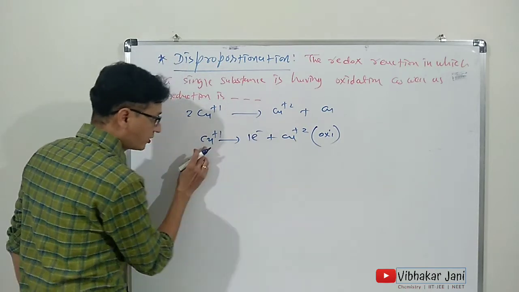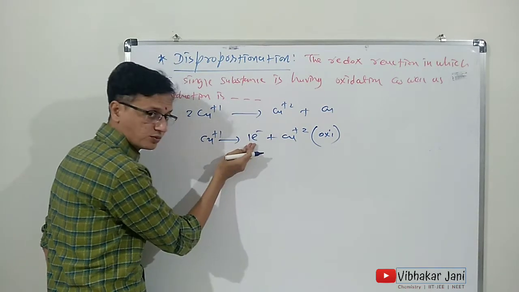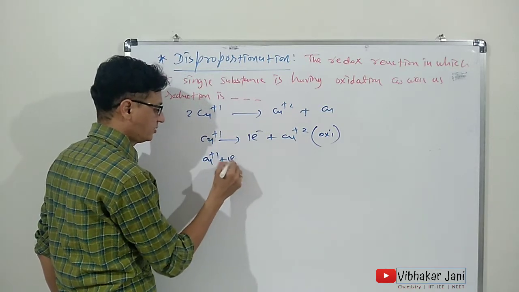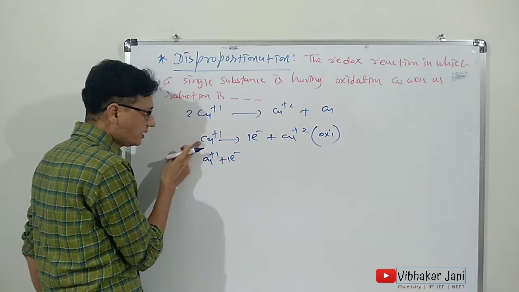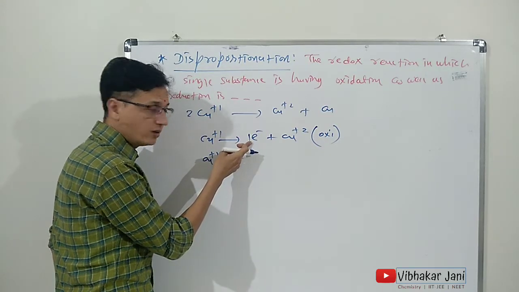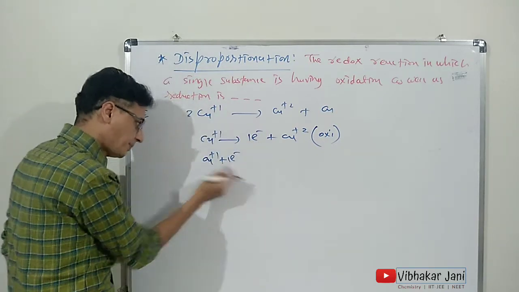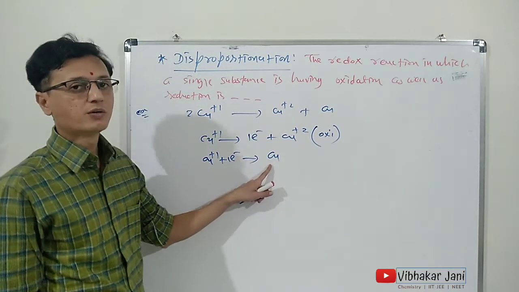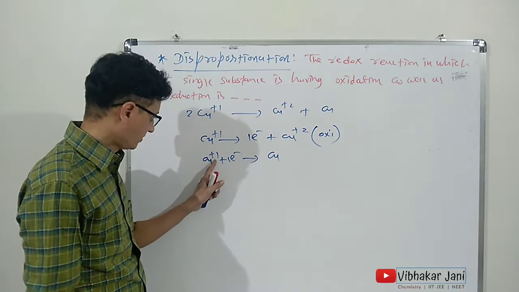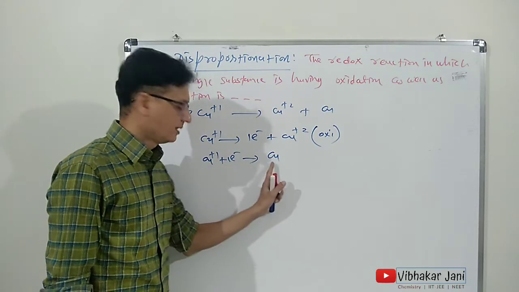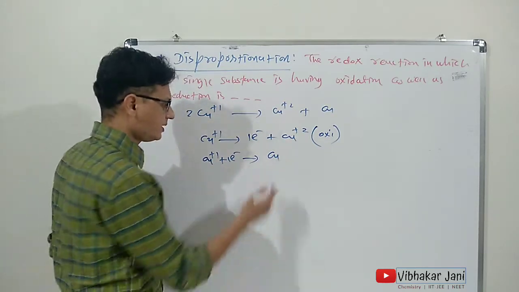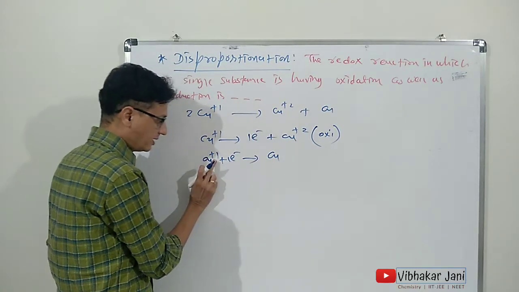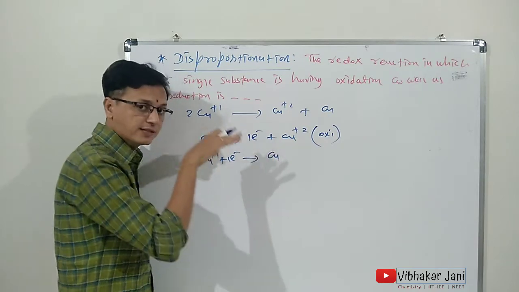But the electron which was lost by Cu+ is gained by another ion of Cu+. So one Cu+ is donating 1 electron while the other Cu+ is accepting that electron. In that manner it will be converted into a neutral copper atom. Cu+ accepts 1 electron and it becomes Cu. Now gaining of electron, or decrease in oxidation number from +1 to 0, that means it is a decrease.